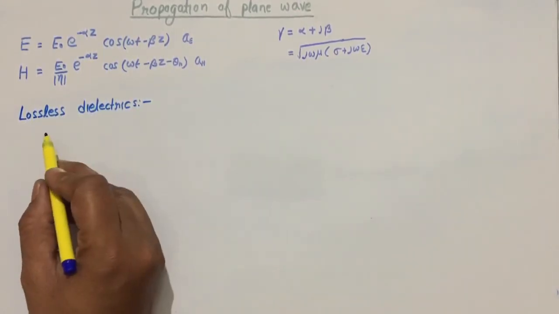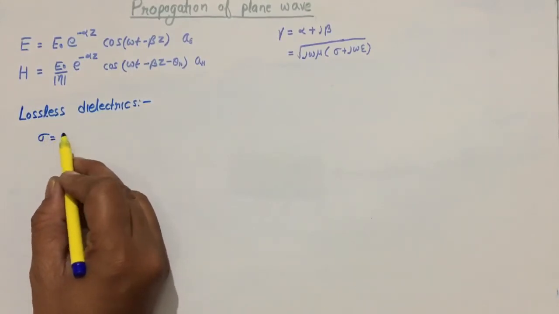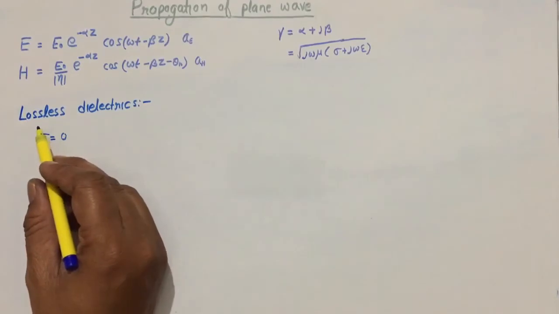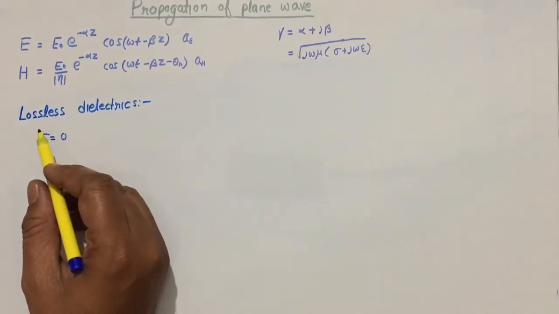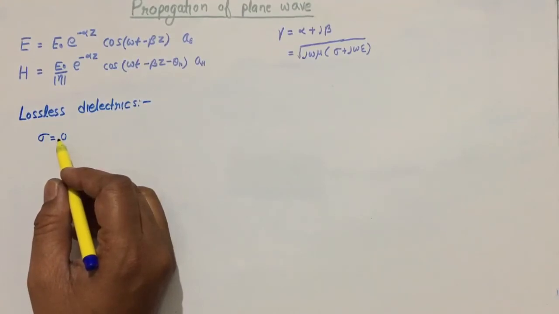So in this case we know the conductivity is 0 as it is lossless, and from here we will start our finding.